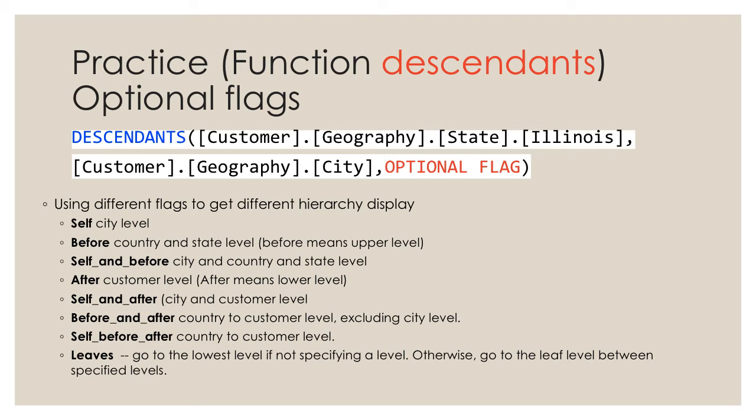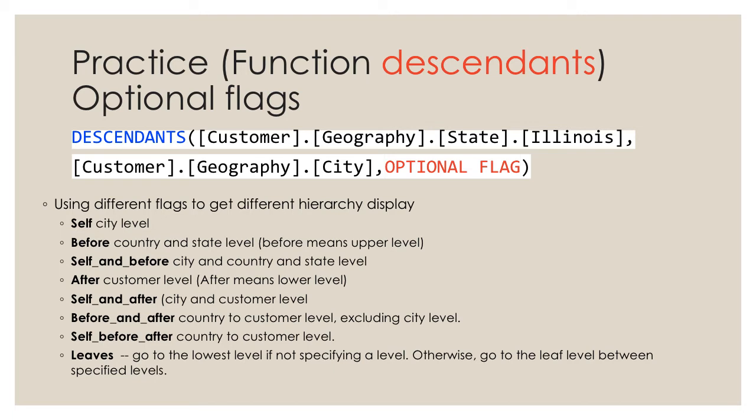So for example, if you do Illinois city, then you put before, you should be able to see what? US. Canada? Oh, so you're just Illinois. Sorry, I didn't know that.